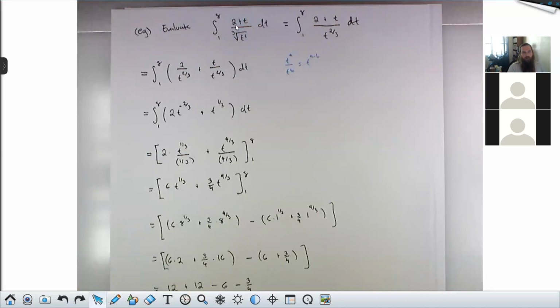Now, for lots of reasons, we have to stay away from where the bottom is 0. But if I gave you this as a velocity function, and I asked you to find the distance traveled, you wouldn't have a problem there because the only place where this thing changes from positive to negative is at -2, which isn't between 1 and 8.